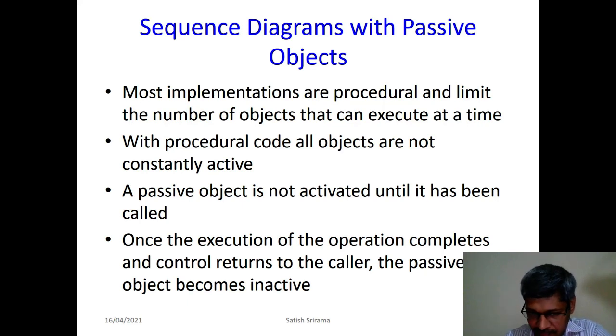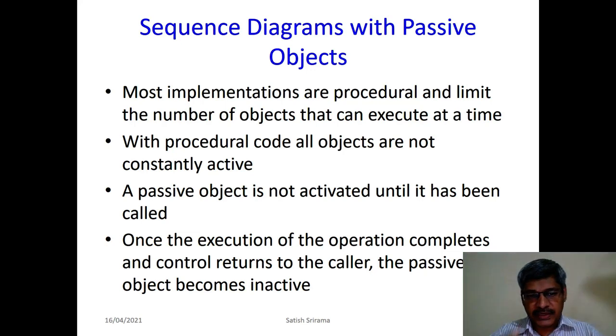I will show you the example, and it will make things clear for you. Once the execution of the operation completes and the control returns to the caller, the passive object becomes inactive. See, earlier all the objects were active, so they are in the active state full time.